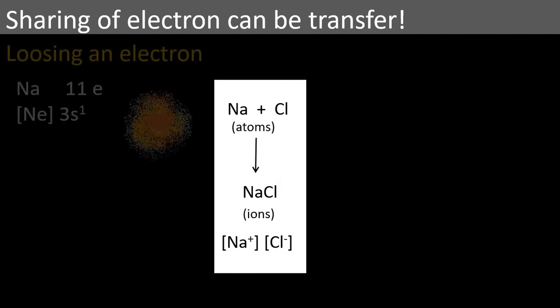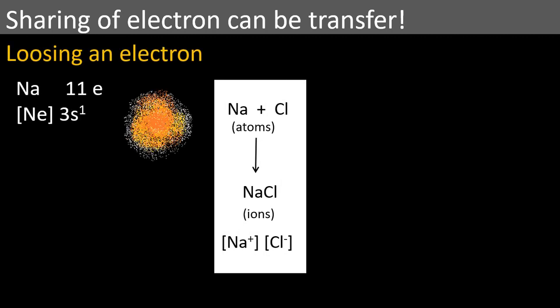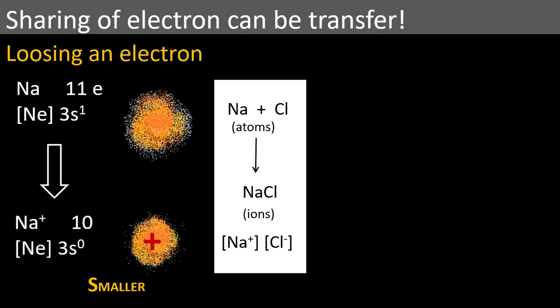The sodium atom is element number 11, and it has 11 electrons in total. The electronic configuration of sodium is the neon core of 10 electrons and one valence electron in a 3s orbital. When we ionize this atom, we're taking away one electron and leaving the 10 electrons in the stable configuration that is the neon core. Having removed one electron from the outermost orbital, the cation is now considerably smaller.